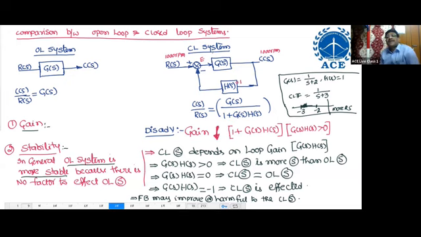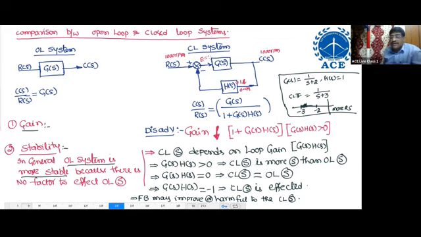Then after running for a long duration, due to temperature generation or something, the components change. Then H of s changes, say it decreases by 1%, so H of s becomes 0.99. Previously 1000 minus 1000 gave error 0.